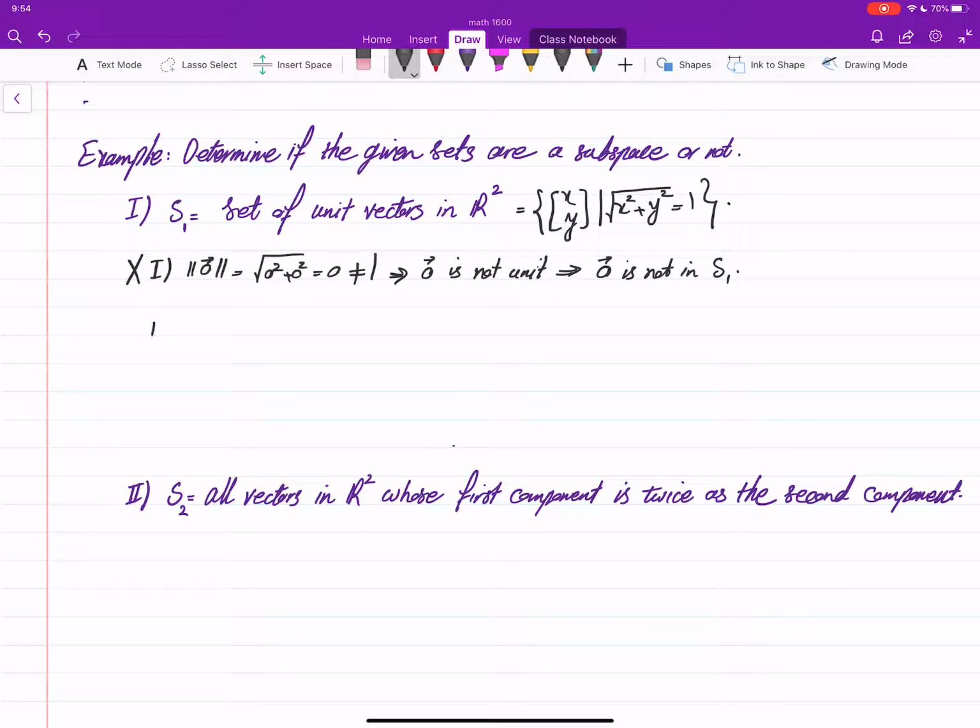But let me show by some examples that S1 is not closed under, well, both of the operations actually, starting with addition. These are counterexamples.